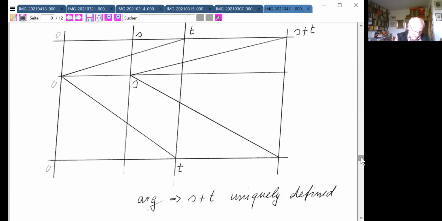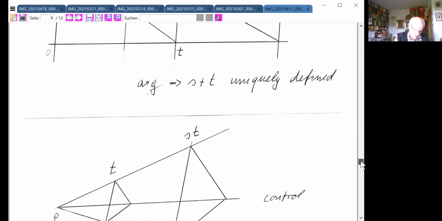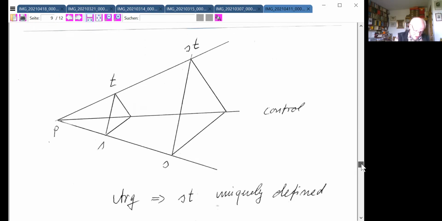If you would take another line as starting line, then you would get the same addition on any line you consider. The small Desarguesian axiom guarantees that we have a well-defined addition.